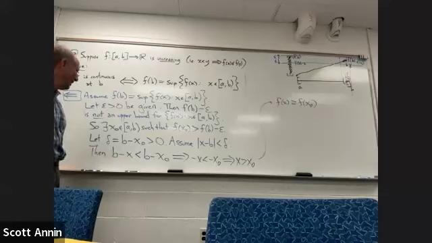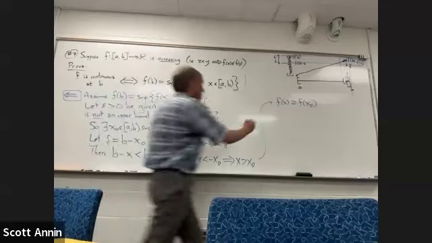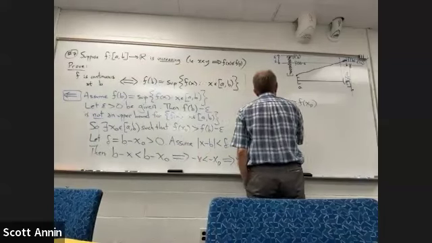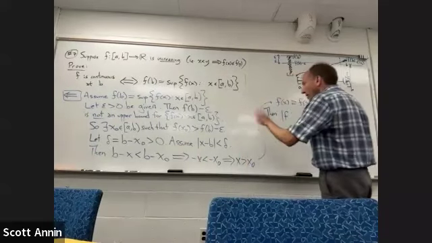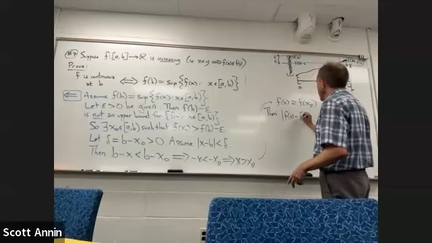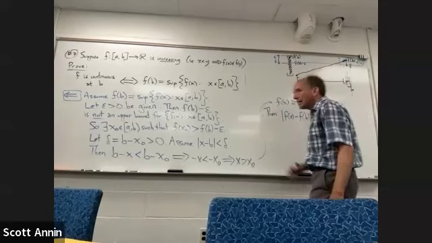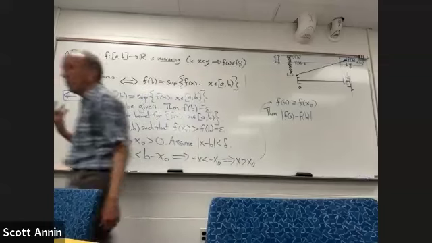What am I trying to prove again? I'm trying to prove that the absolute value of f of x minus f of b is less than epsilon.